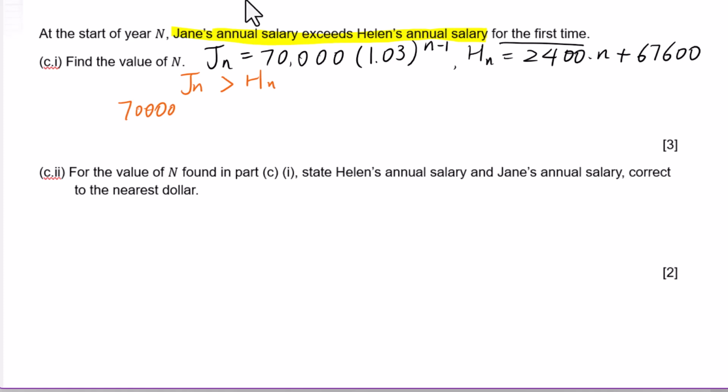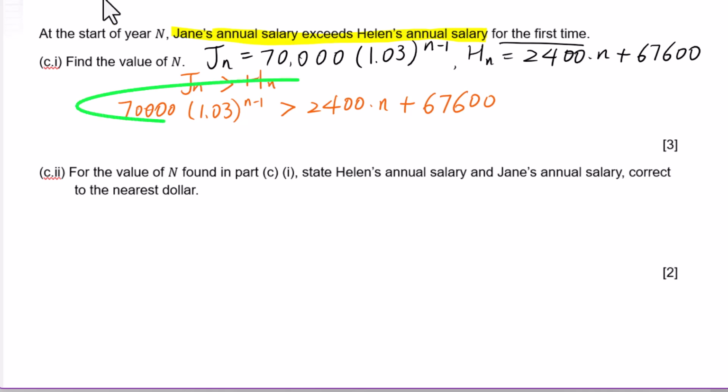Substitution: 70,000 times 1.03 to the n minus 1th power greater than 2,400 times n plus 67,600. Since we are not sure how many solutions we have, we will solve this by graphing.